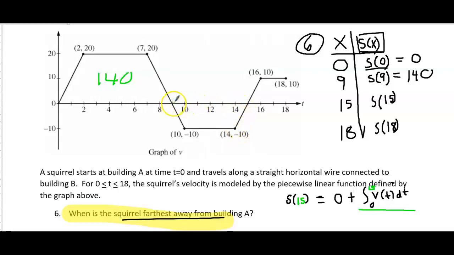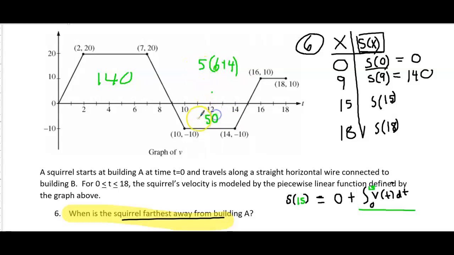To figure out the area of this trapezoid, we want to do our base, which is from 9 to 15. That's a base of 6. And then this base from 10 to 4 is 4. And then we have a height of negative 10 here, so half of that is 5. So 10 times 5 is 50.